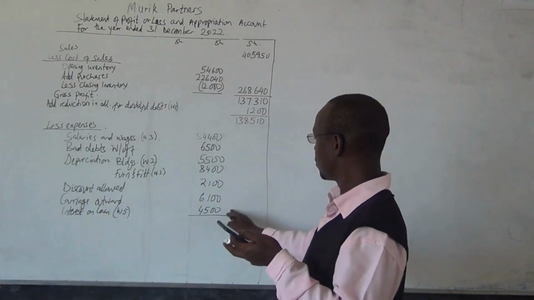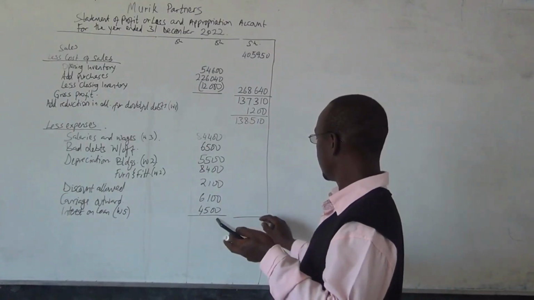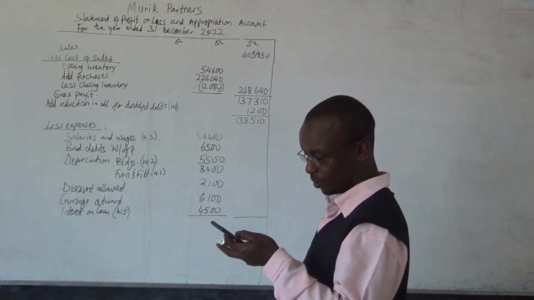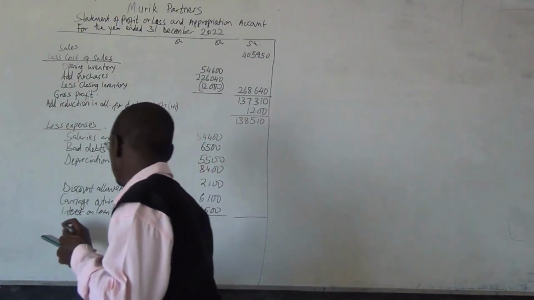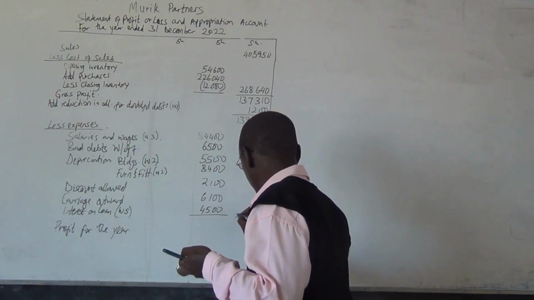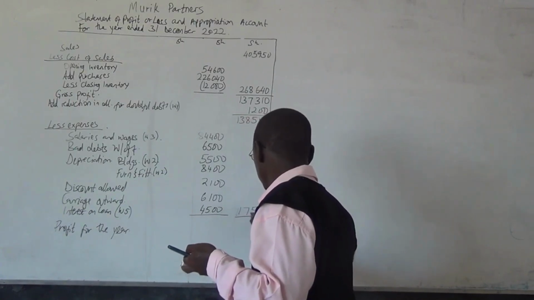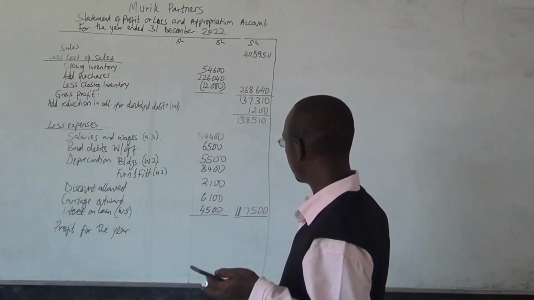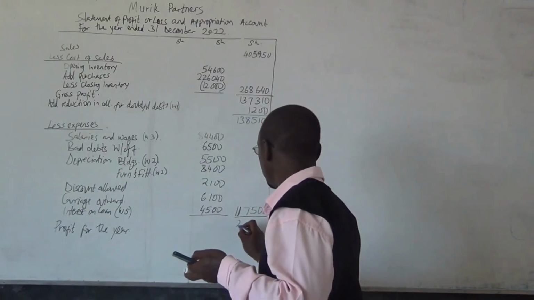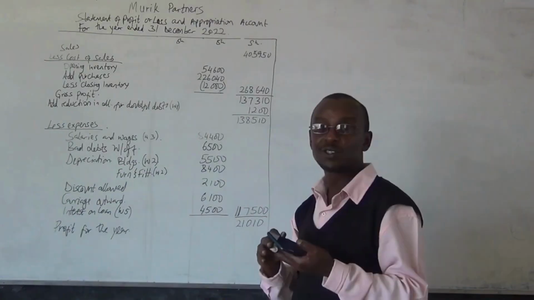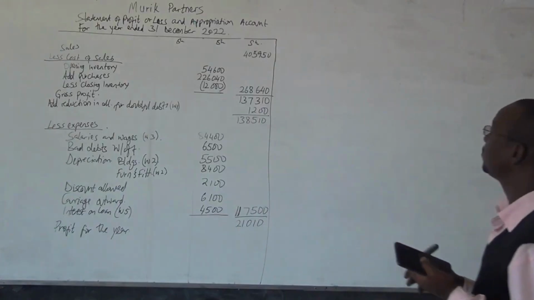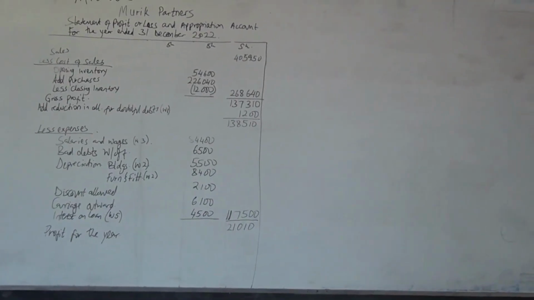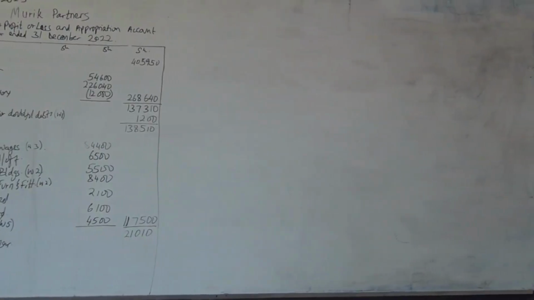Add these expenses, you bring the figure here. Then you get the profits for the year. 117,500, less this from here, you get 21,010. So from there, we continue with the other part, the appropriation.